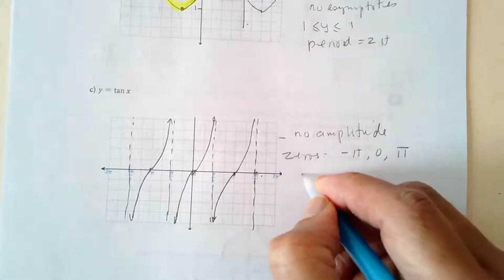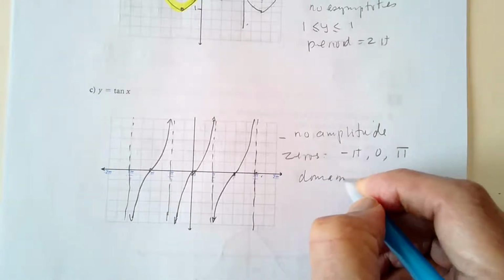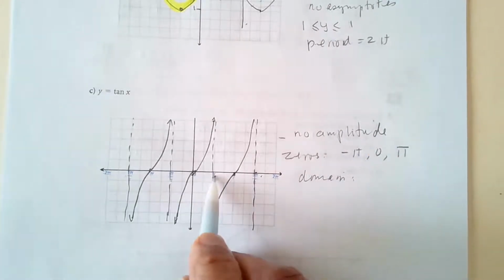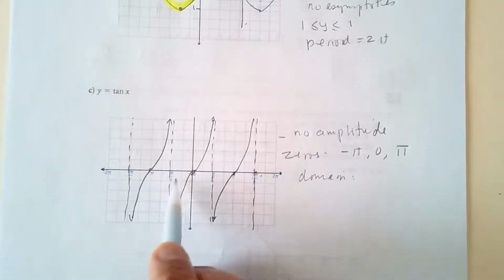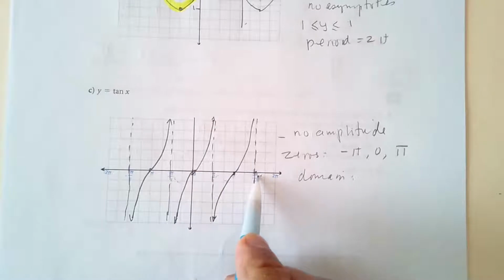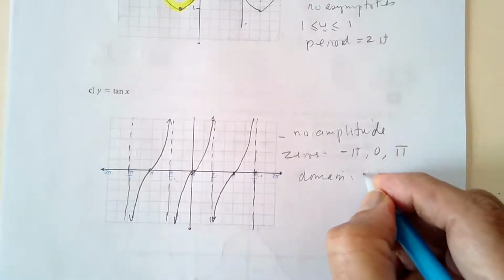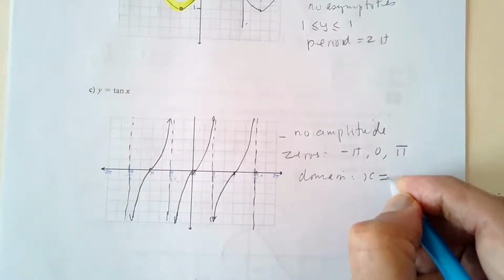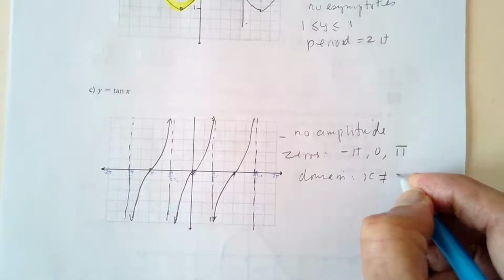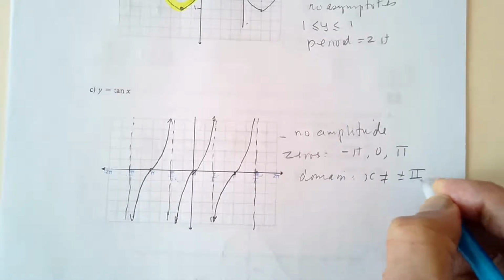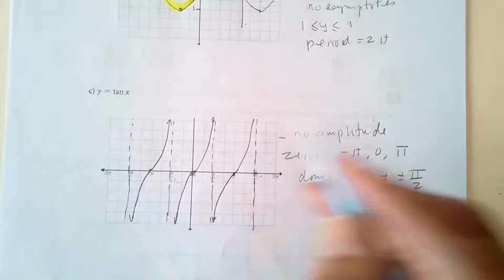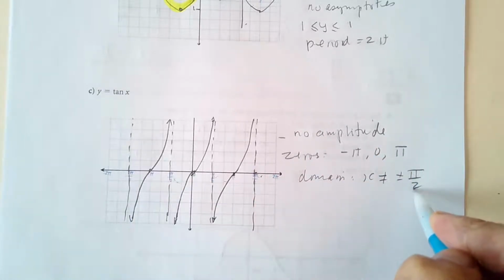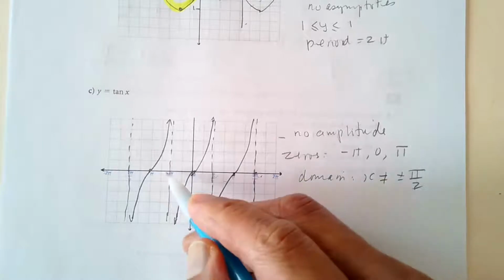The domain: notice it's all x values where x is not equal to plus or minus pi over 2, because at every pi over 2 intersection, it's not equal to this point here.